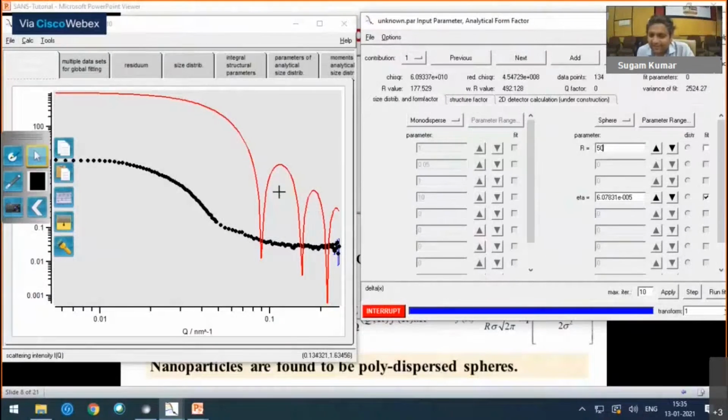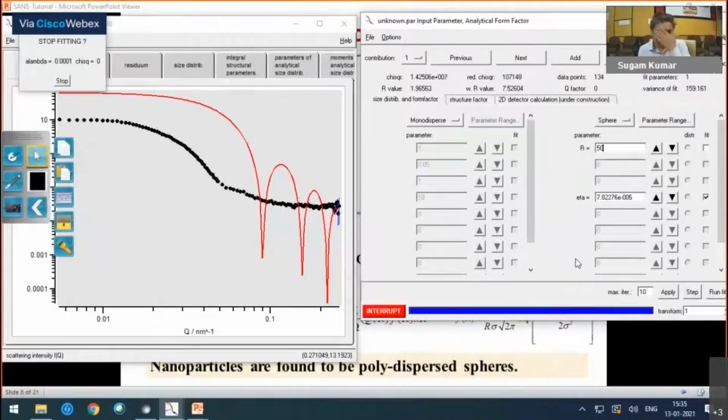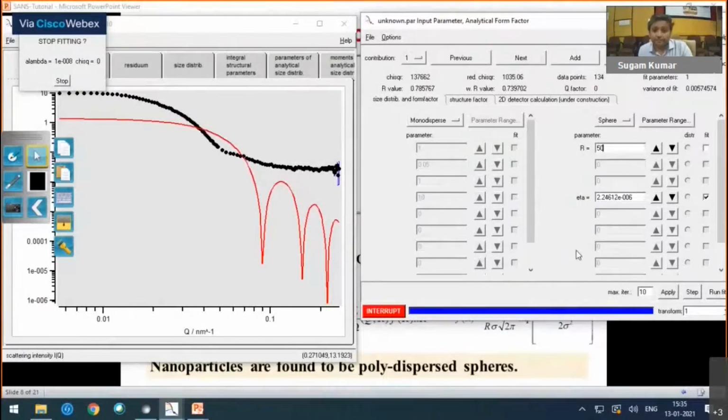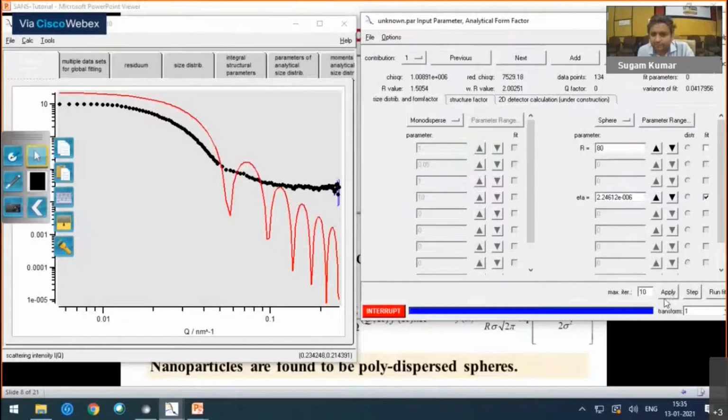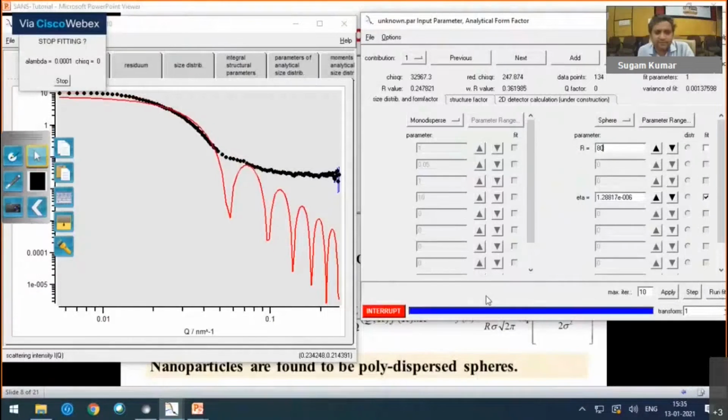These oscillations are in PQ oscillations and appearing because we have not taken any polydispersity in the system. So that is fine. We will now run. It's still the same situation. Theoretical curve is wider. So let's say 80. Something like this.